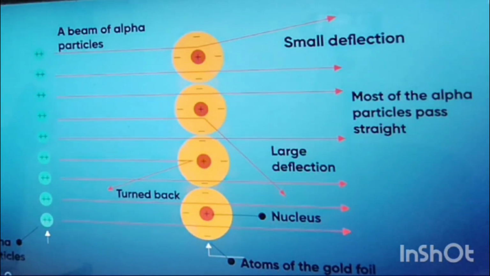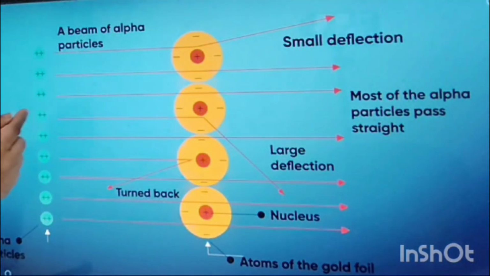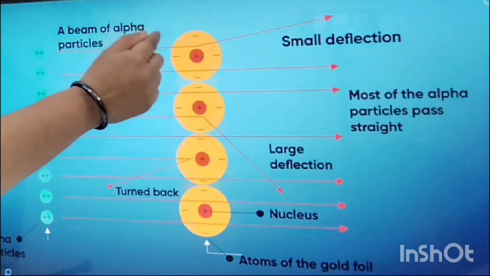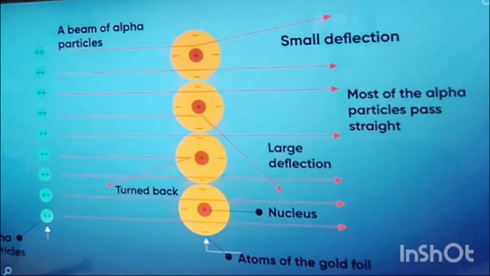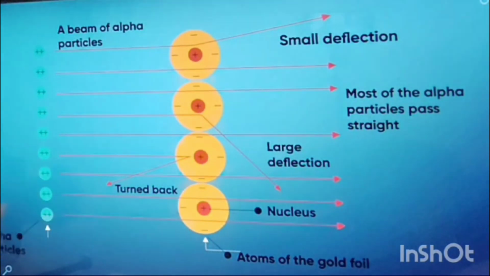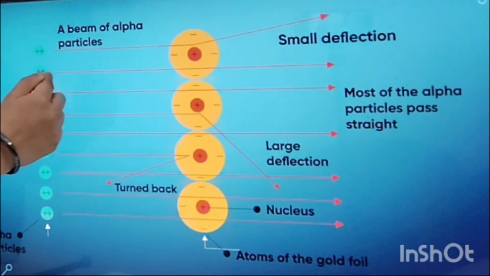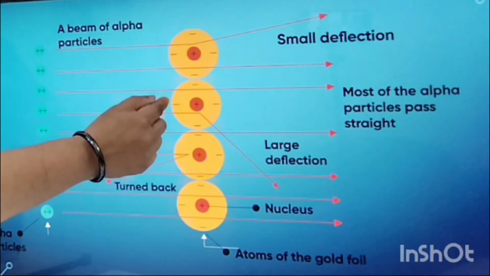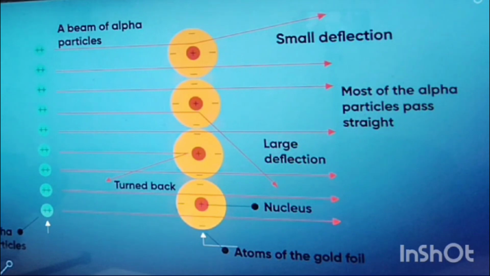Secondly, he observed that some alpha particles showed some deflection, large deflection, small deflection, and very few turned back. What this proves, most of the alpha particle passed straight through the gold foil. That means there is large amount of empty space inside the atom.